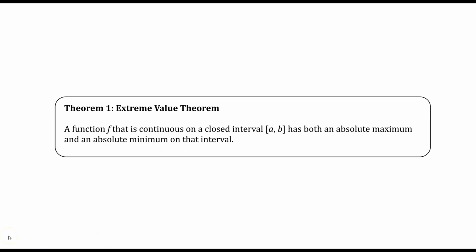This theorem guarantees them because in addition to local maximum or local minimum, we would also evaluate the function at the endpoints of the interval. So we compare the values of the local extrema and the endpoints. The highest value then will be the absolute maximum, and the lowest value will be the absolute minimum.